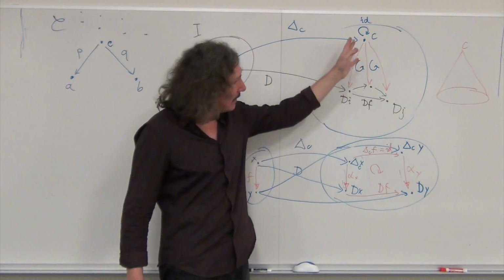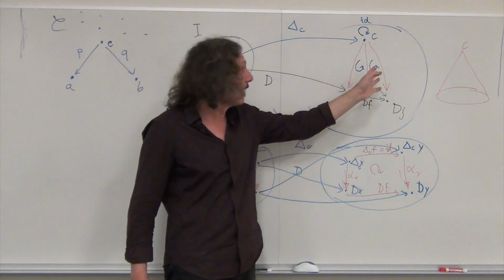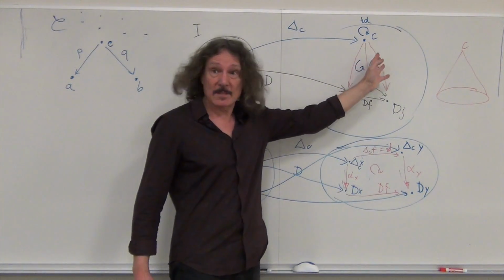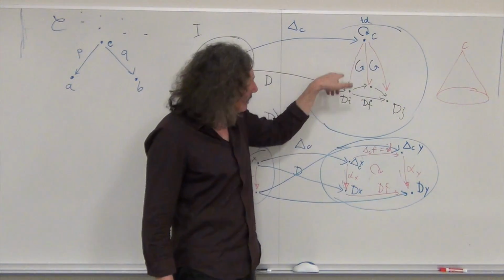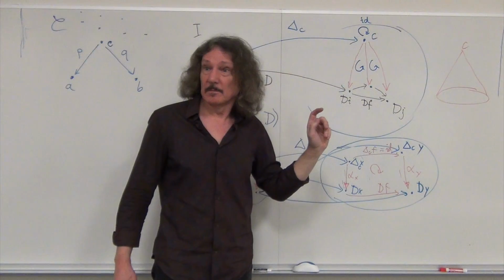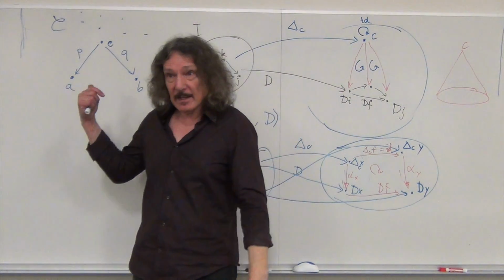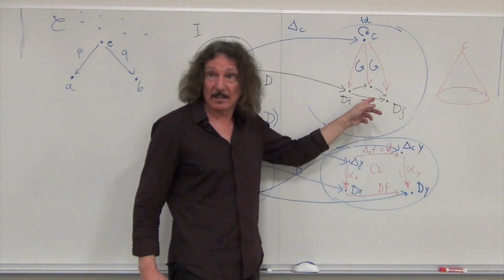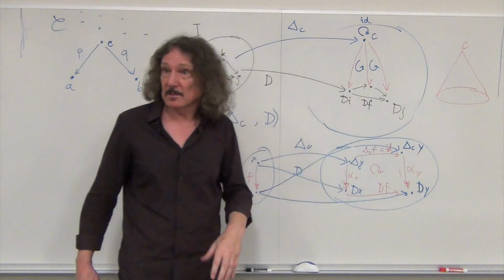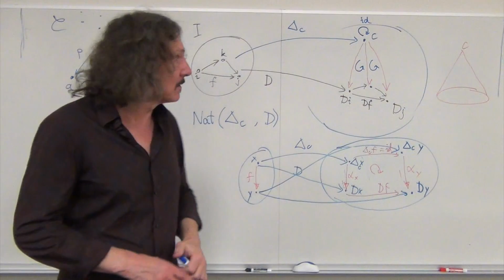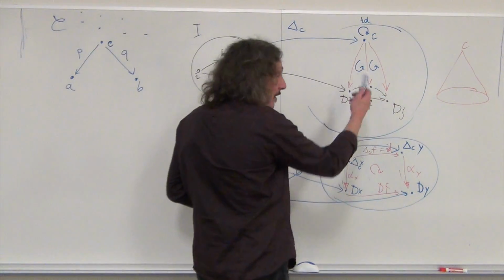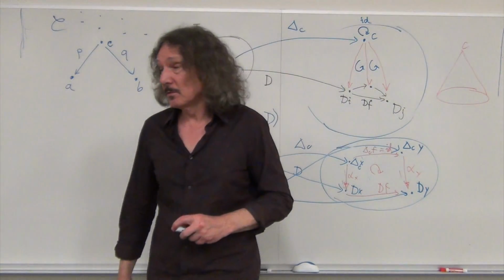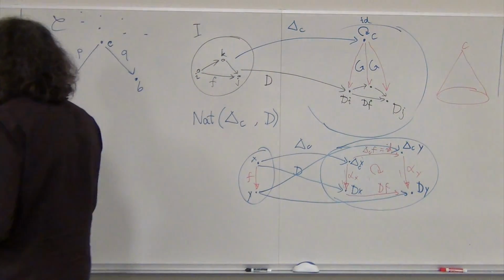And a cone is just this bunch of morphisms here that make these triangles commute. In the case of product, we didn't have any morphisms at the bottom, so there were no triangles to commute. But in general, these triangles have to commute, right?